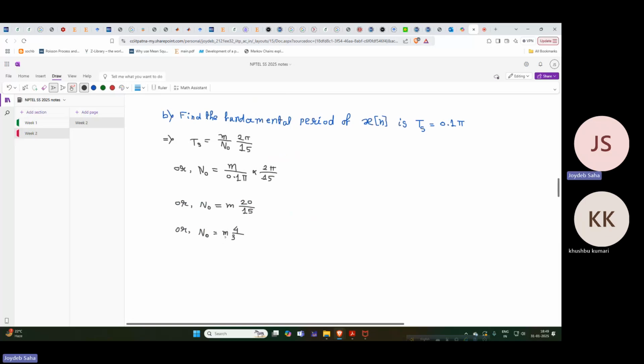The lowest integer value of N0 is 4, for m equal to 3. So the fundamental period is 4.